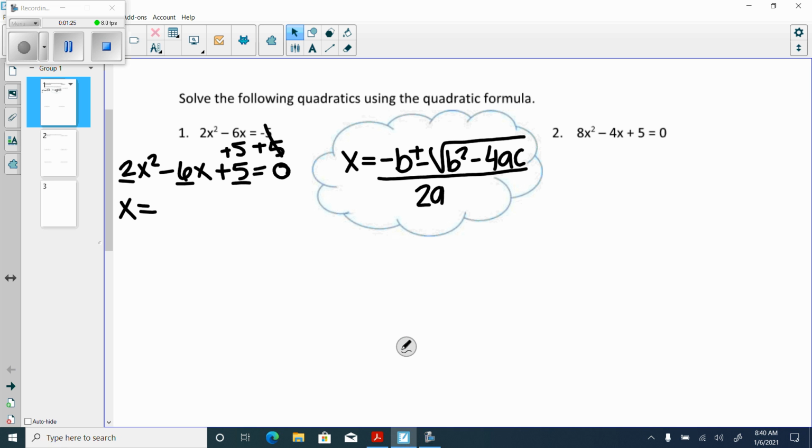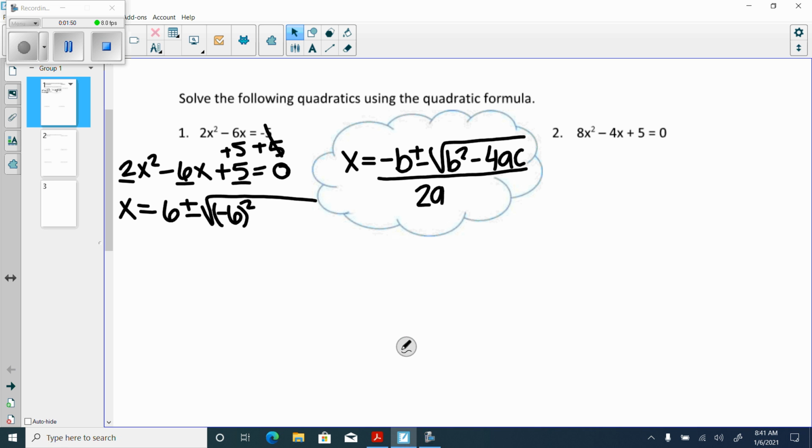We'll have x equals, the formula says negative b, but what's our b? Negative 6. So 2 negatives will make it positive 6. Then we have plus or minus the square root of b squared. You guys said b was negative 6, so we got negative 6 squared.